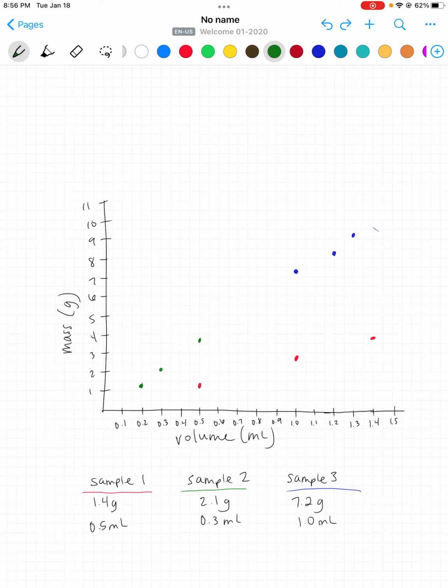And I can see that when the volume is 1, the red sample has a very small mass, around 2.5 grams, but the blue sample 3 had a very large mass, around 7.5 grams.